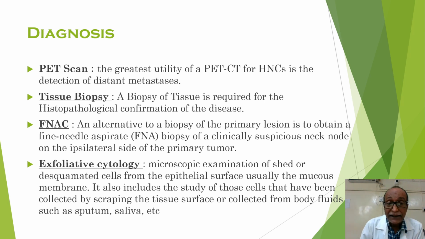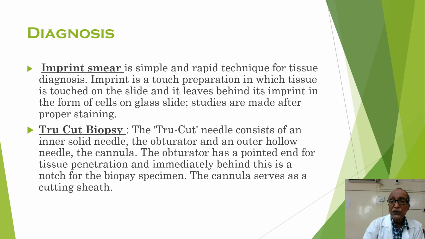So you see cells. Similarly, you can see cells by exfoliation cytology. You can simply press a slide onto the tumor and try to see. Similarly, there are many other ways to get tissues or cells from the tumor and examine them histopathologically so that you can confirm the diagnosis.